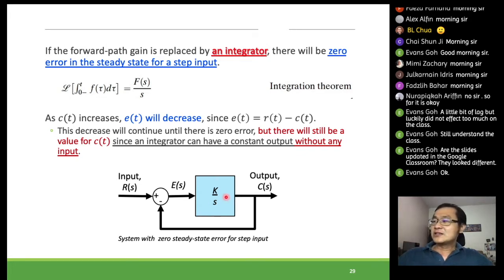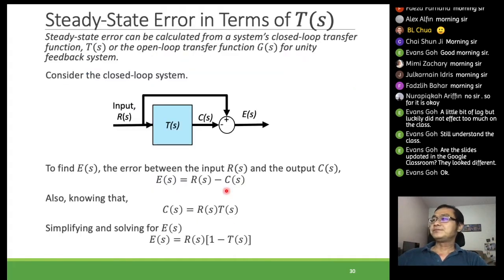As this error becomes smaller and smaller, this value actually changes, or affects the output by minimizing the effect of it, and eventually becomes zero. This term will become zero at the end, when the error is zero. Then this will multiply by a zero, so eventually no error will exist at the end, right? So this is the idea of adding an integrator, right?